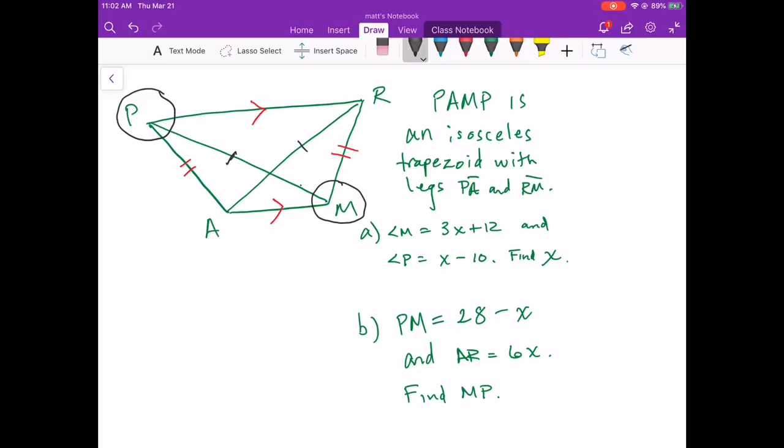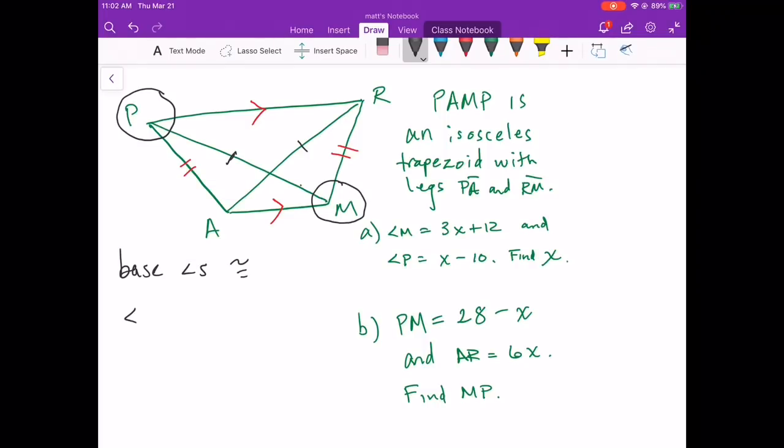All right, now they want us to go ahead and solve here. Now I've got to be super careful, because one of the things that I need to mention is that because it's isosceles, it has a similar behavior with its base angles like a triangle does. So we actually can add to the characteristics that the base angles are congruent.